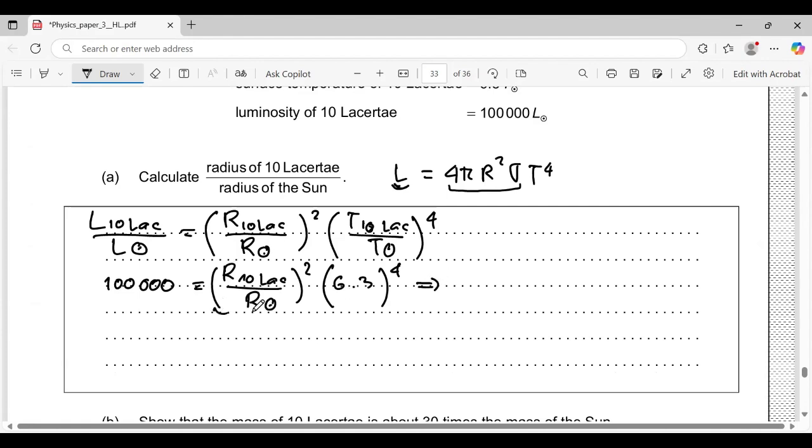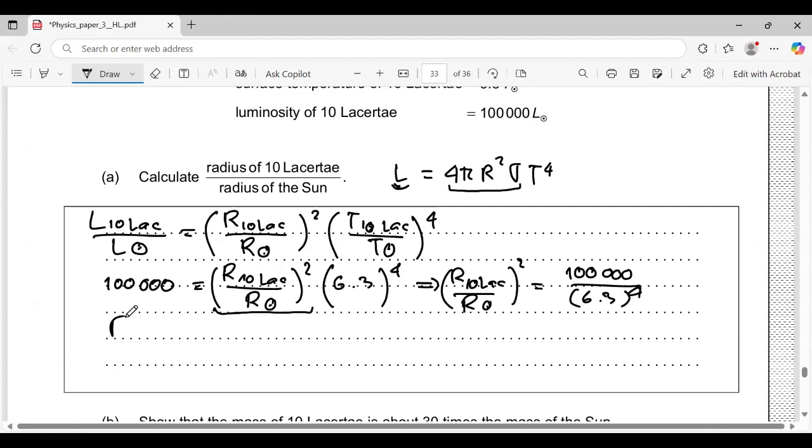So if this is the subject, this equation becomes R of Tentacle T over R of the sun, squared, equals 100,000 over 6.3 to the power 4, like this.